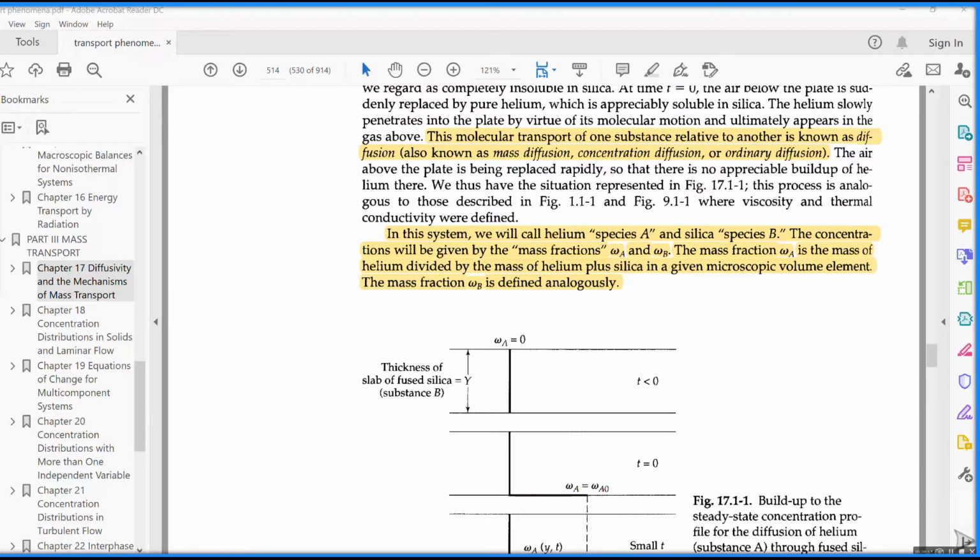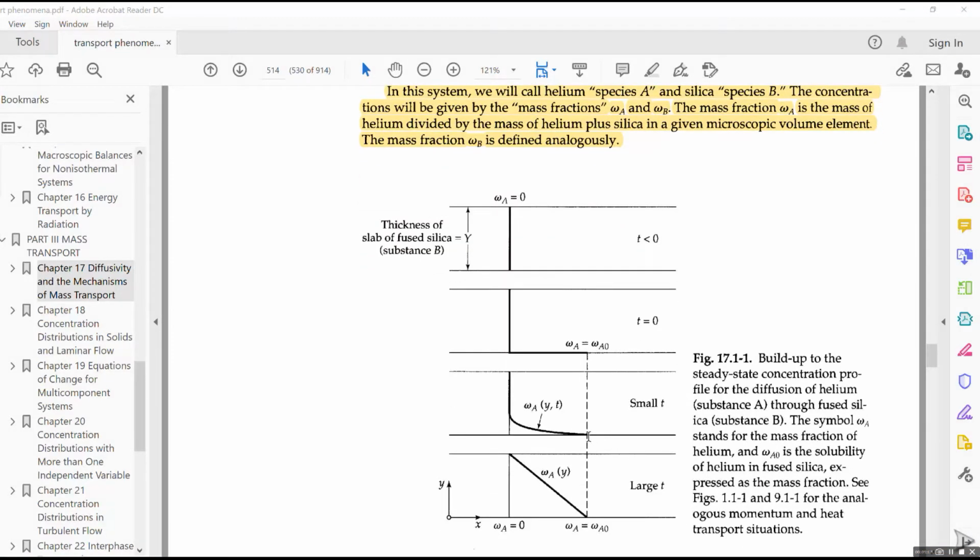In here, WA is 0 initially, but when time moves on in small times, we will see the helium move through in the positive y direction, moves up, and so we see some concentrations through our slab at small times t.